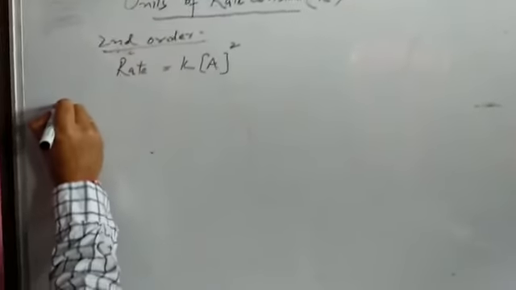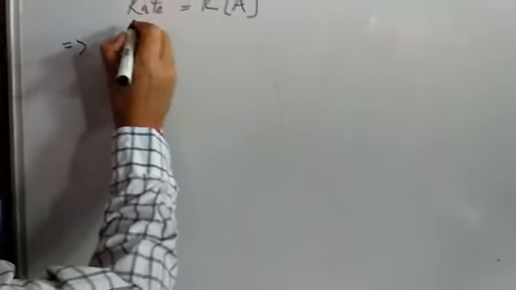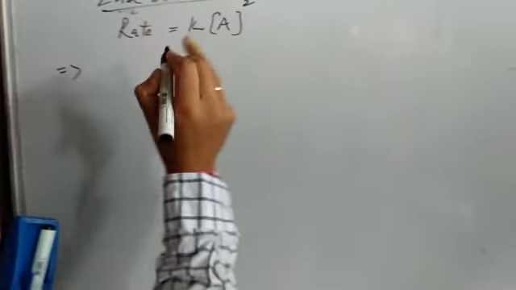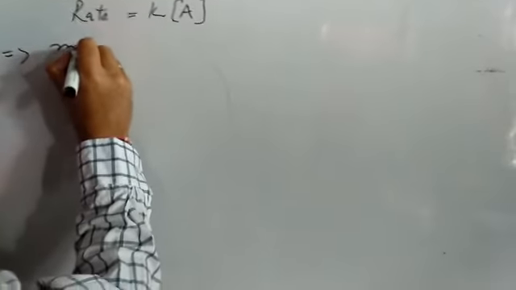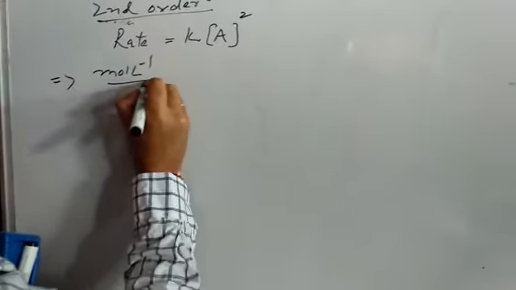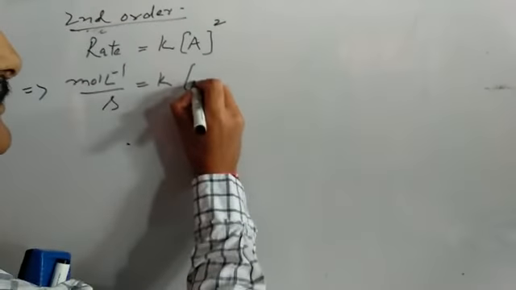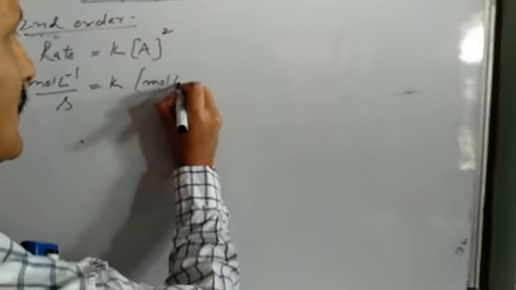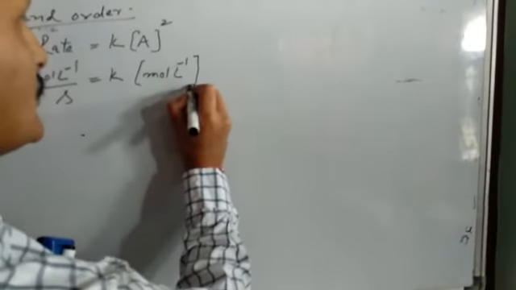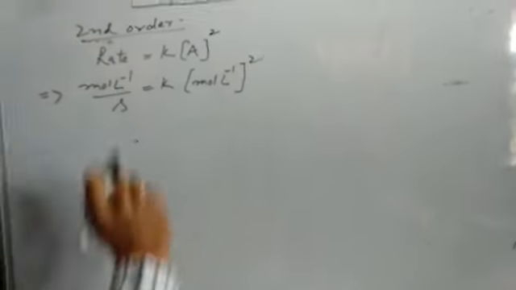Now moving to their units. Rate, that is delta x upon delta time, is mole per liter upon second. K, and the molar concentration, that is mole per liter, raised to power 2, that is 2 times mole per liter.